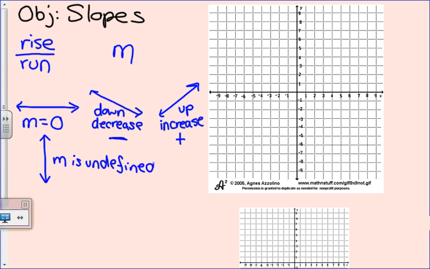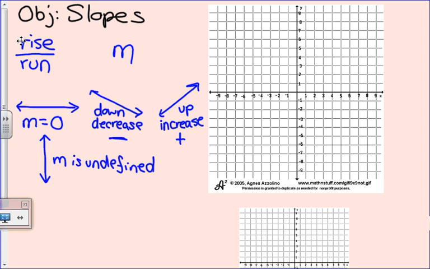So I wanted you to think about 2 words that I was using the whole time that I was talking about slope. What did I keep saying? Increase and decrease. Yes, but for all of them. Steepness. I kept talking about how steep it is for your slope.